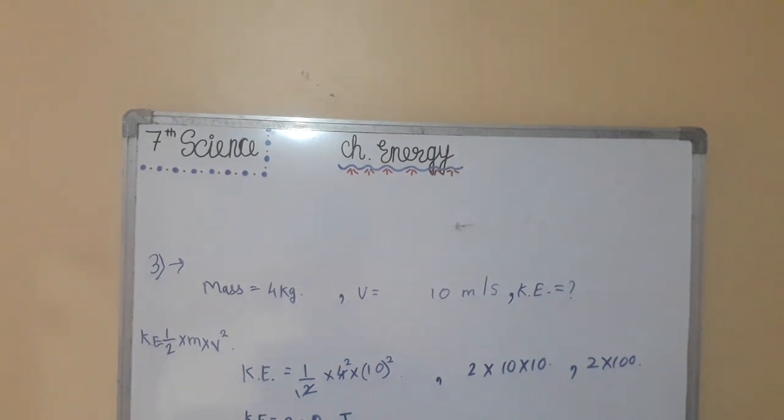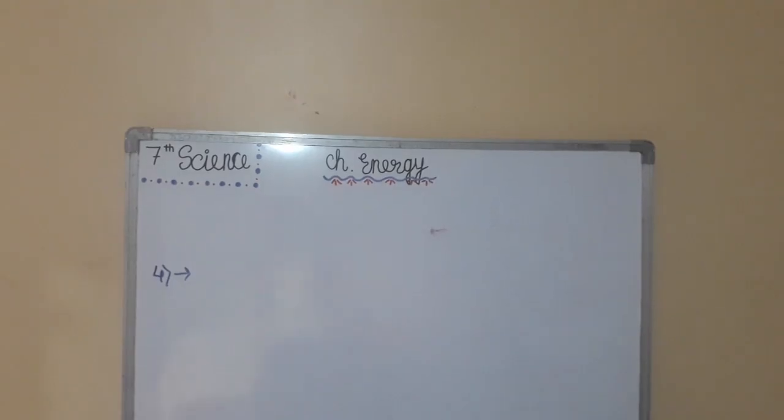The solution of this question: given is that mass is 1 kg, and kinetic energy is also 1 joule. Kinetic energy is equal to 1 joule.